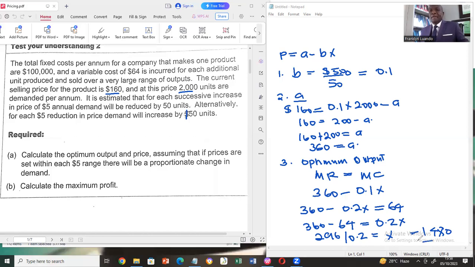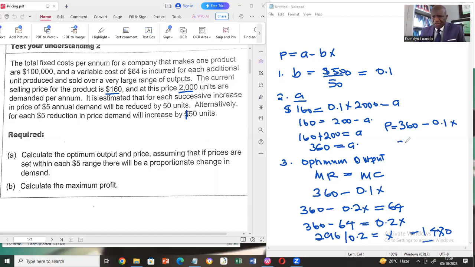So now what will be the maximum selling price? We go to the original, this one. The price will be 360 minus 0.1X. The X we've already found, 1,480.